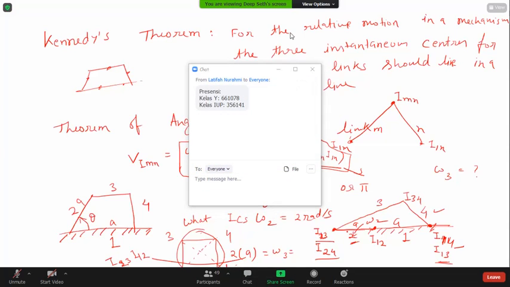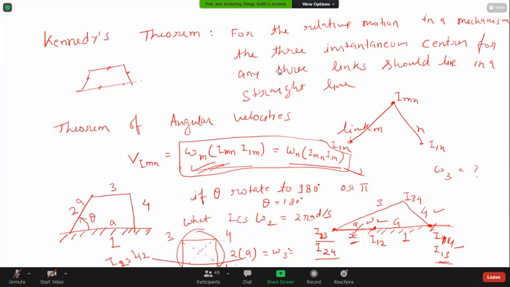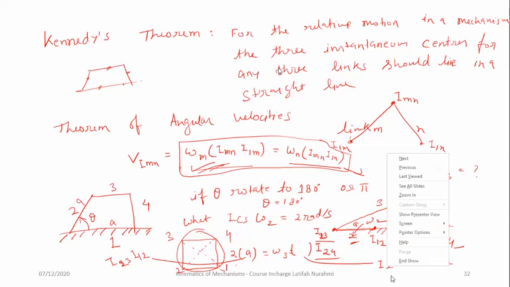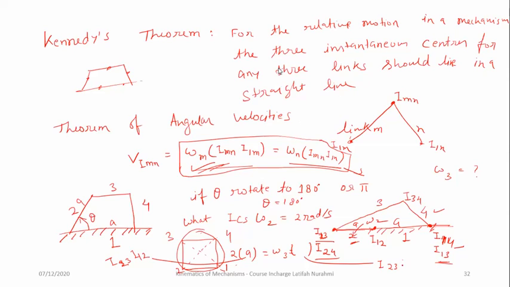That's A. Now for omega 3 times, what is this part? This is I23 to I13. I23 is here and I13 is here. So that distance is total 2A. So A and A will cancel out, and omega 3 you will get as 1.